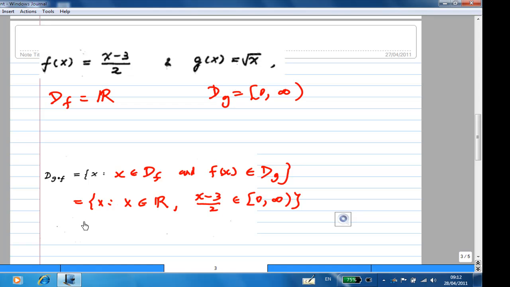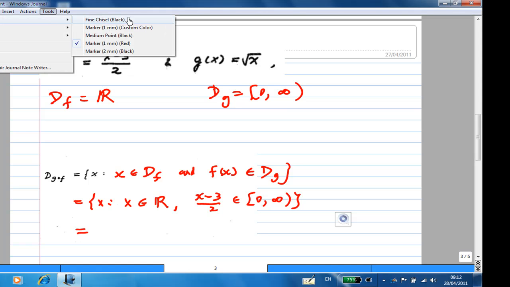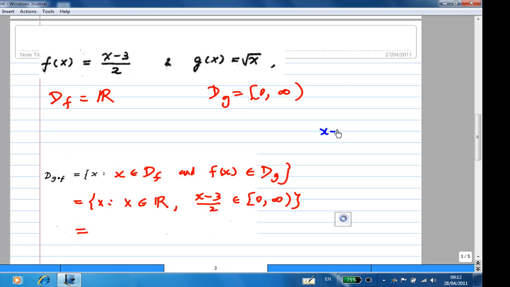So what does it end up with? Let's do a rough calculation. I want (x minus 3) over 2 to belong to the interval from 0 to infinity. This means it is greater than or equal to 0. Multiplying both sides by 2, you get x minus 3 greater than or equal to 0. Adding 3 to both sides, x must be greater than or equal to 3.